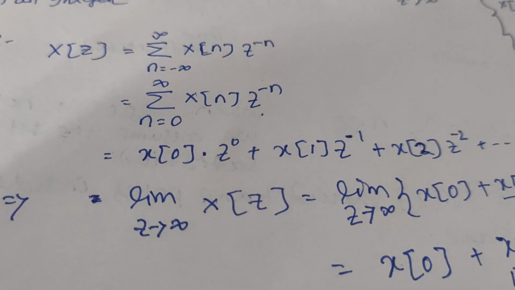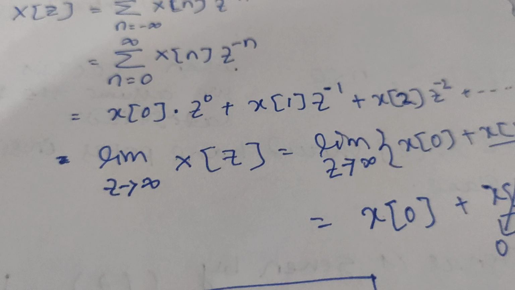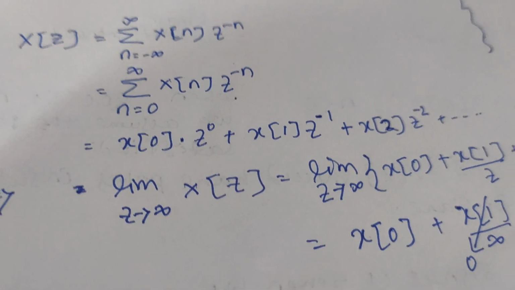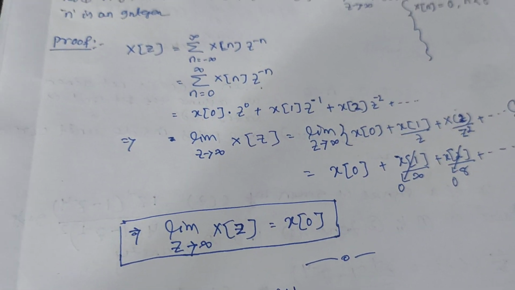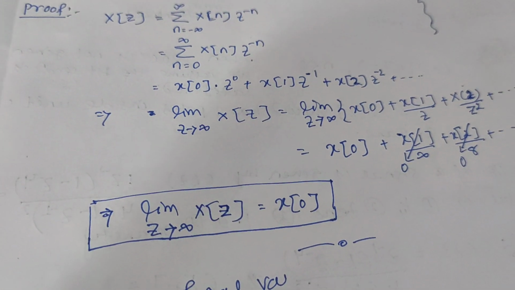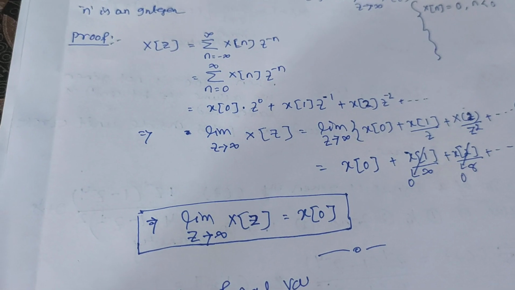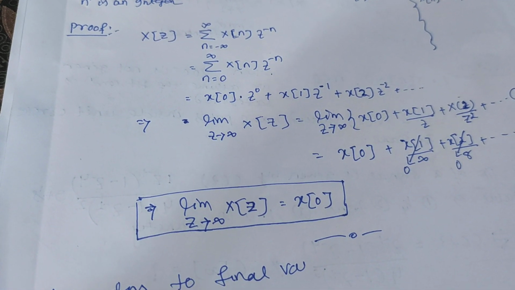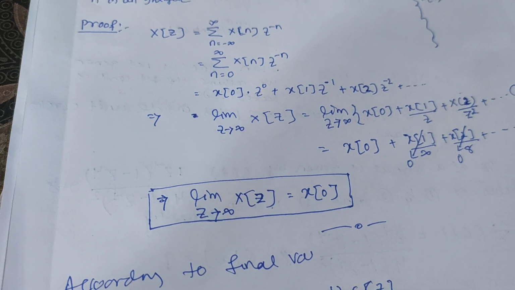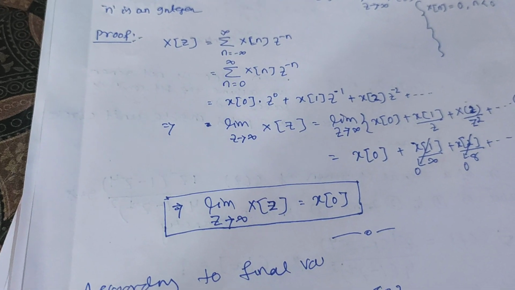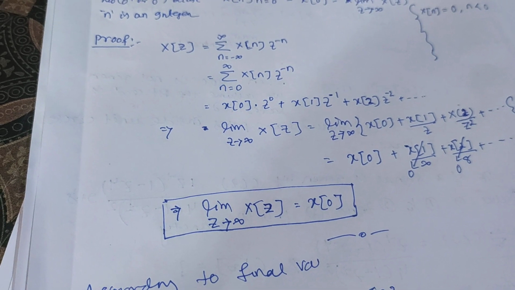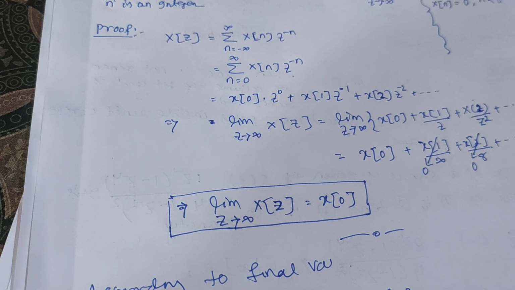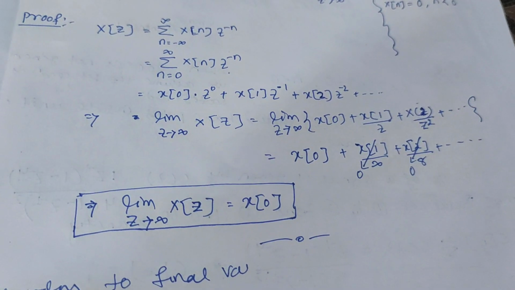So taking the summation from n equal to 0 to infinity of x of n into z to the power minus n, and expanding the summation, I get x of 0 into z to the power 0 plus x of 1 into z to the power minus 1 plus x of 2 into z to the power minus 2, and so on. Taking the limit as z tends to infinity of X of z, this becomes x of 0 plus x of 1 by z plus x of 2 by z squared and so on.